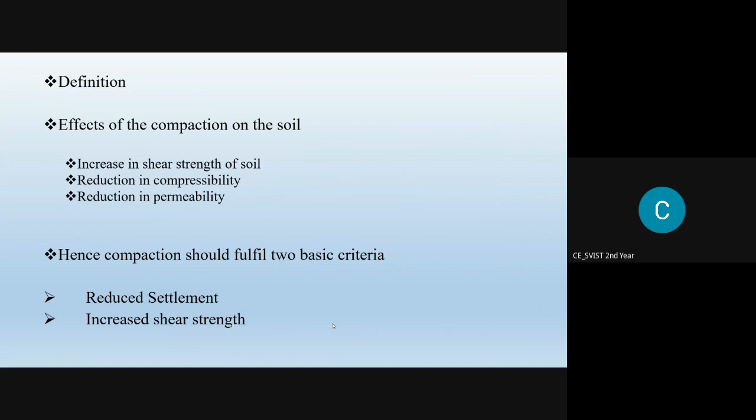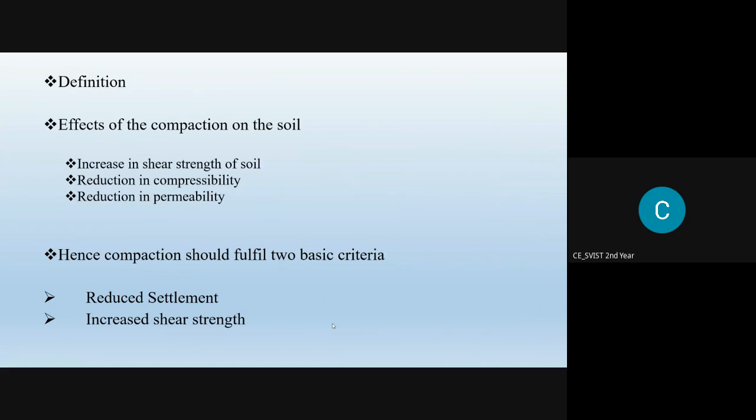If the shear strength is higher, then the soil is stronger. So by compaction, we increase the shear strength of the soil, because as we compact, the soil particles are getting closer and denser. So the friction between the soil particles is increased. That's why the shear strength is increasing.